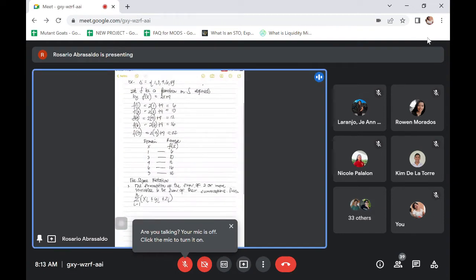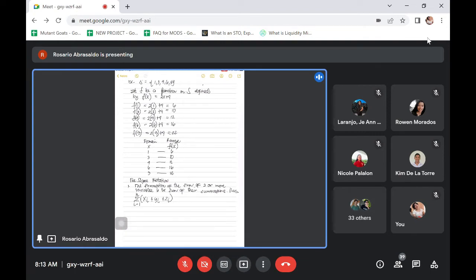So we have here, class, for the sigma notation, this symbol, the Greek capital letter sigma. It is used to represent the sum. This is what we call the sum.